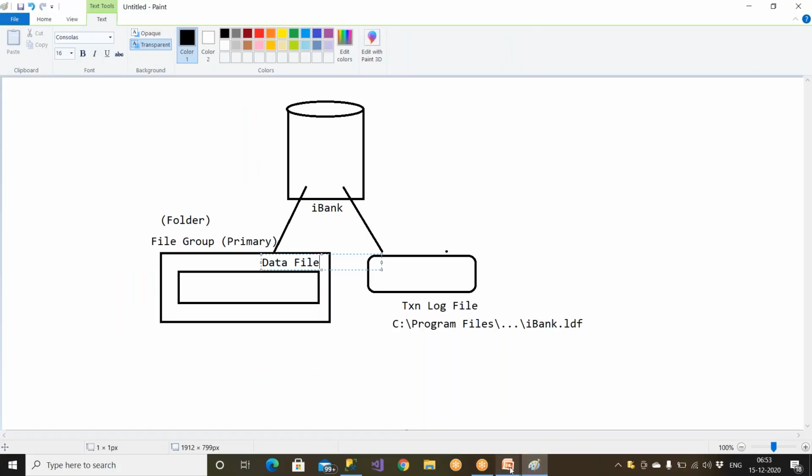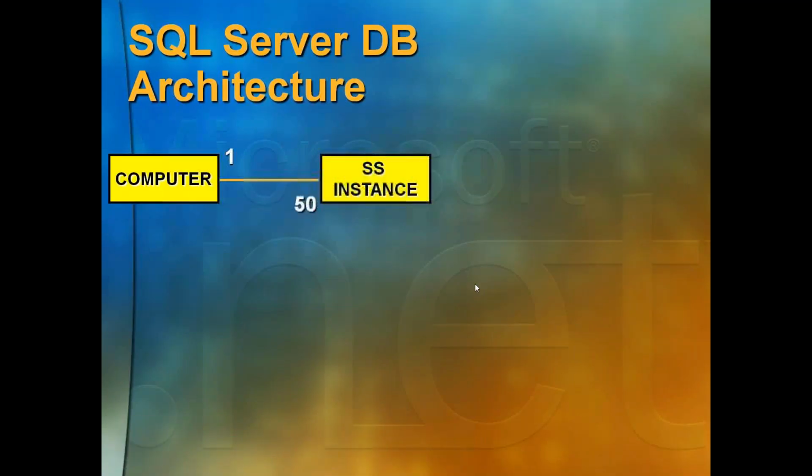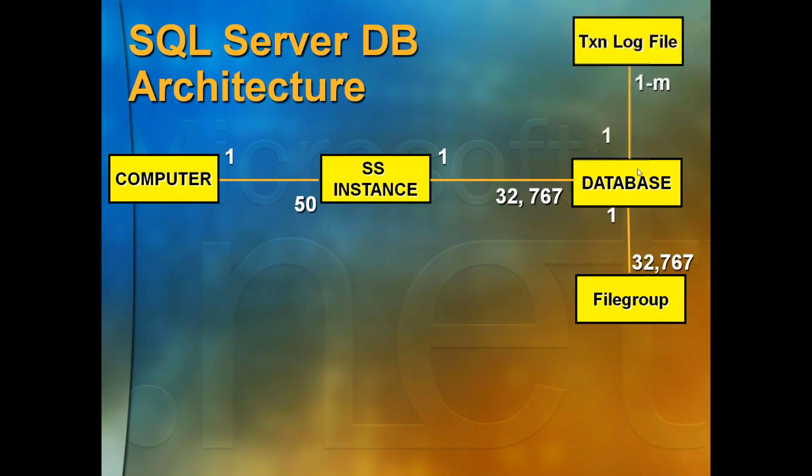When you go here, by default, we are going to create one database. One database will have a minimum of one file group and a minimum of one transaction log file. What is a file group? A file group is a folder, and within the folder you can have a minimum of one data file, but a maximum of this many files.